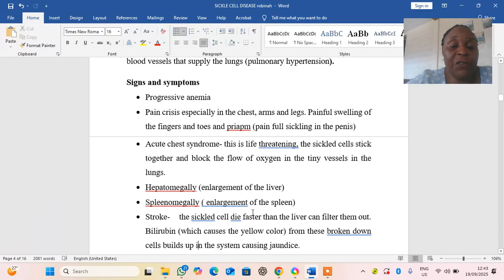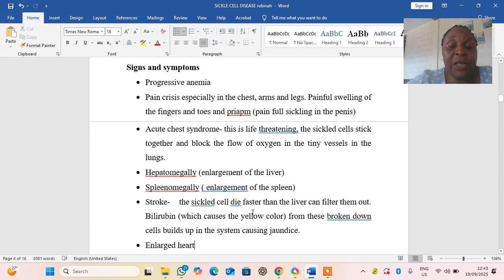Then we shall have hepatomegaly, which is enlargement of the liver. What does it mean? That the liver may need to work faster in order to clear the bilirubin, which is saturating. So in so doing, the liver may become big.